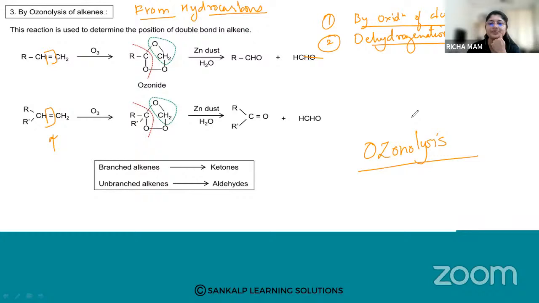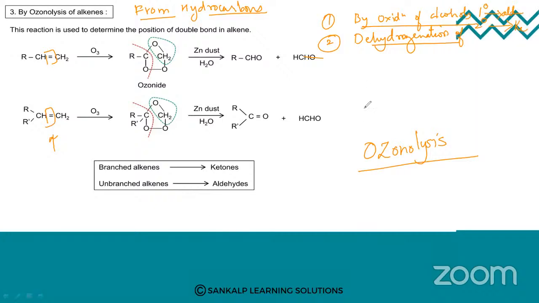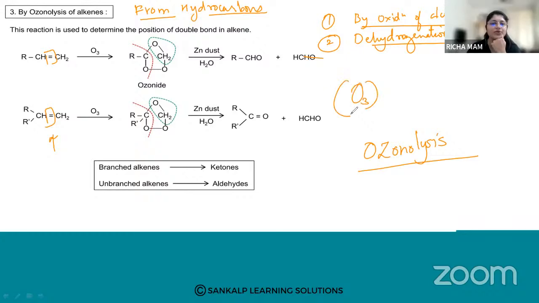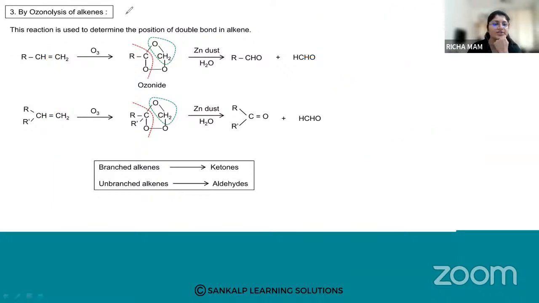What is the formula of ozone? Ozone is O3. So we are going to add a molecule of O3 across the double bond. So, ozonolysis of alkene from hydrocarbons. This is important from the CT point of view as well as the board point of view.